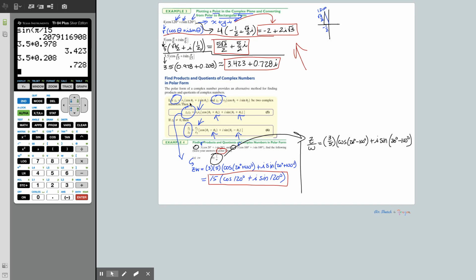There we go. So my final result, pretty straightforward, is going to look like this: 3/5 up front, cosine of negative 80 degrees, plus i sine of negative 80 degrees, 20 minus 100 being negative 80 degrees.